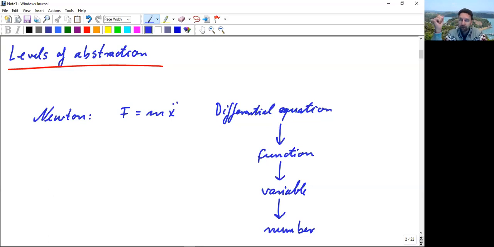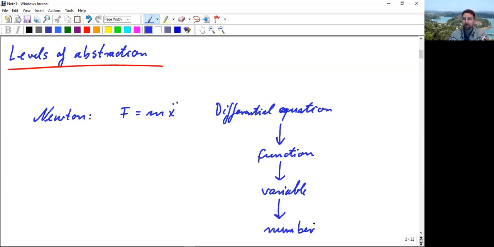Well, it's more abstract because the letter could stand for any number. And then at some point in your mathematical education, you got presented with the next level of abstraction, which is functions, or equations that involve functions, which you can then solve for variables. So you can describe much more.